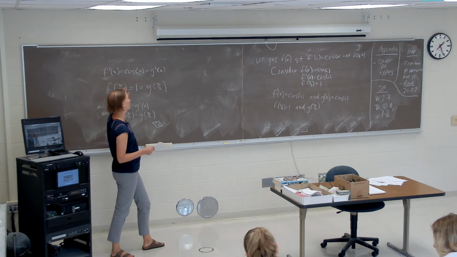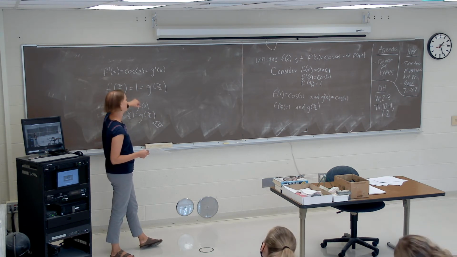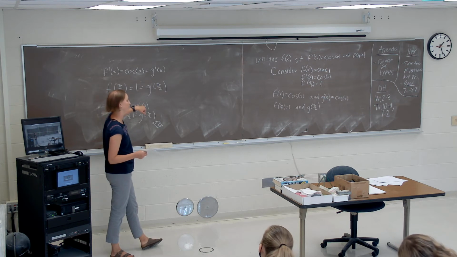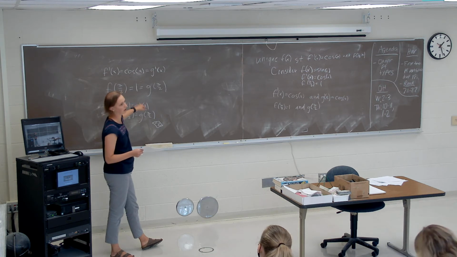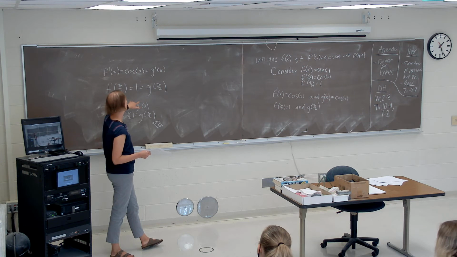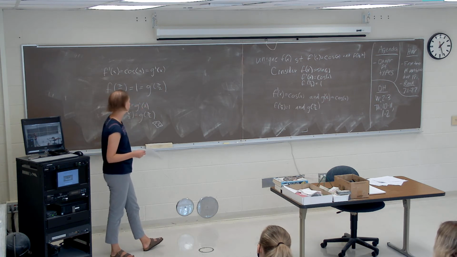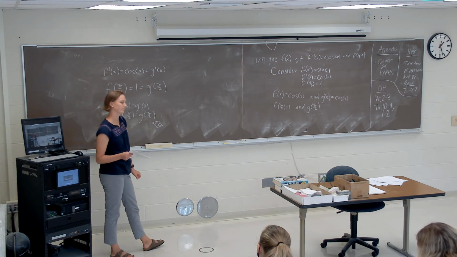So yes, sine of pi over 2 is equal to 1, just as sine of 3 pi over 2 also equals 1. But because we have a value here that makes it unique. Did that answer your question?